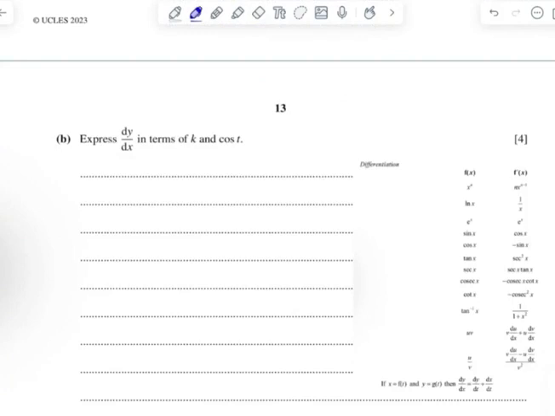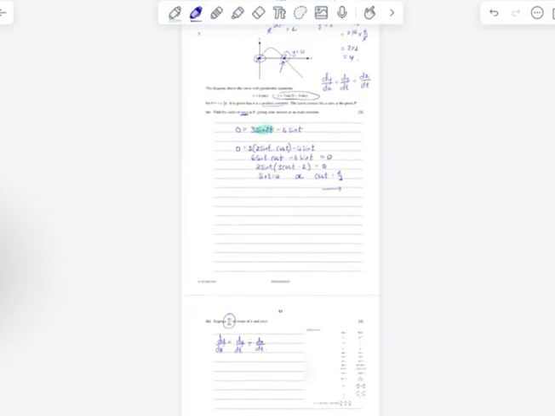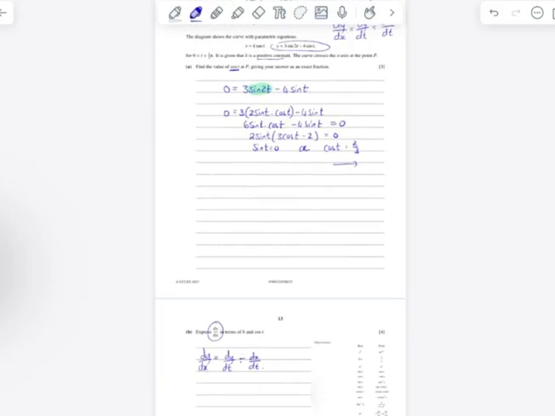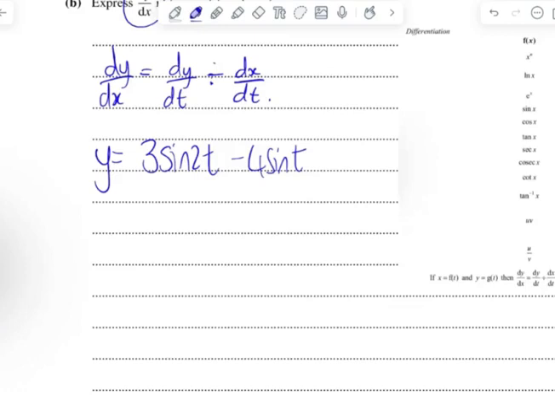Right, so what do we need to do? We need to find the derivative. We know dy/dx is the same as dy over dt divided by dx over dt. Okay, once again, I'm wasting a lot of space here, but anyway, it's fine. Y is equal to 3 sine 2t minus 4 sine t. Okay, so I'm going to just do one at a time.